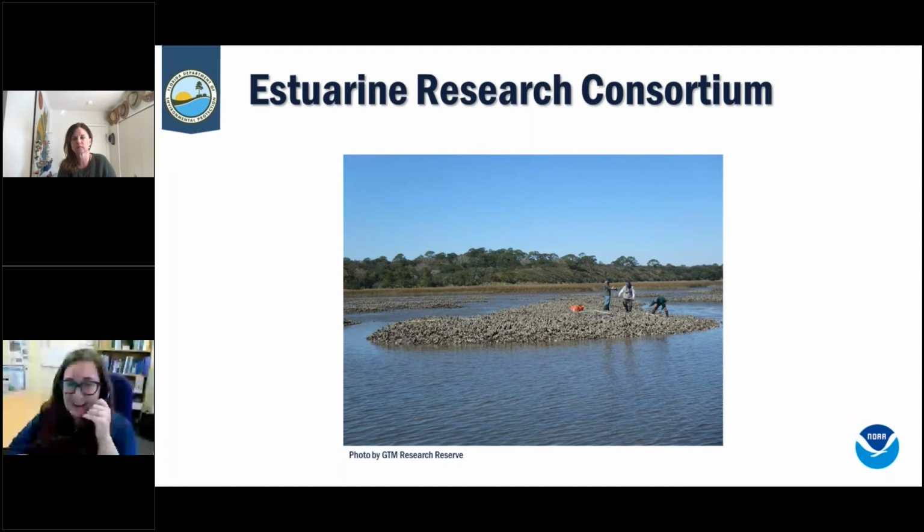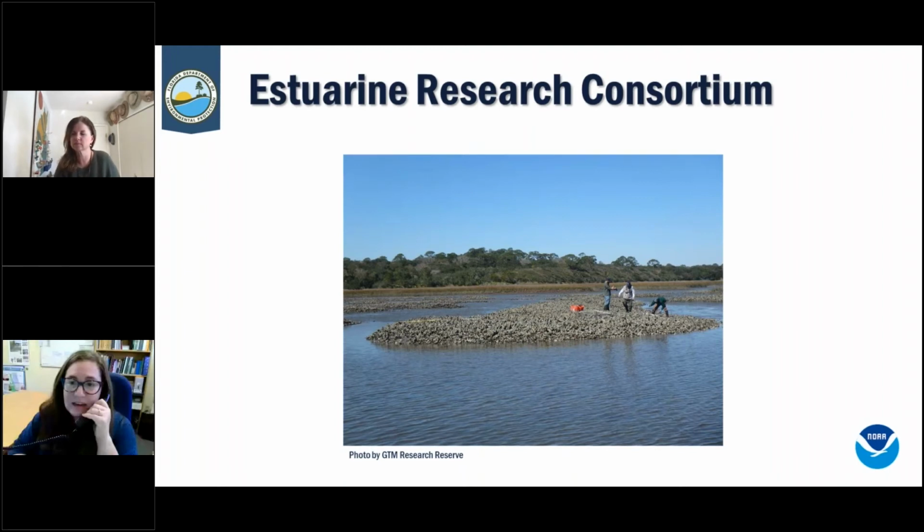The consortium led to many other collaborative projects, including an oyster condition assessment project, which was funded by our local St. Johns River Water Management District, where we surveyed oyster reefs throughout Northeast Florida and compared sampling techniques with other entities that were also sampling oysters. And that data fed into a statewide effort to consistently collect oyster data.